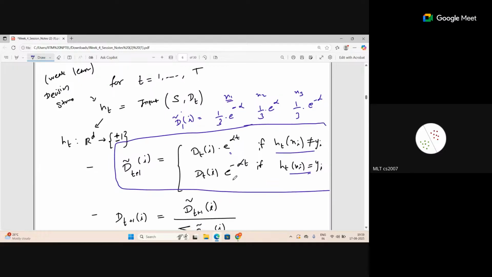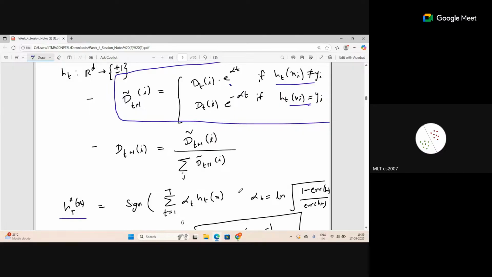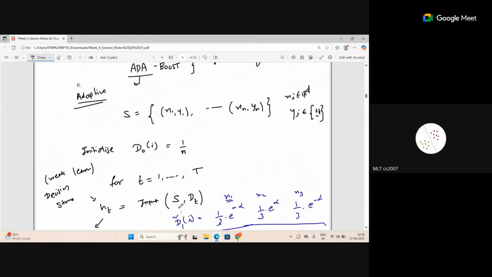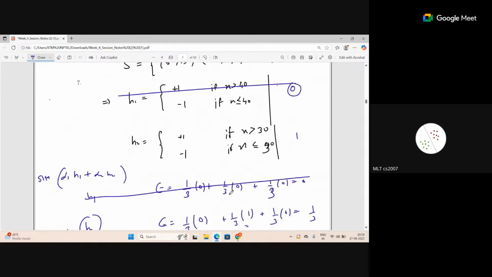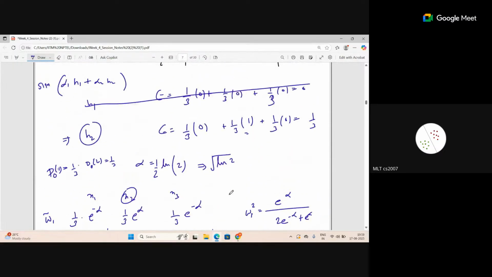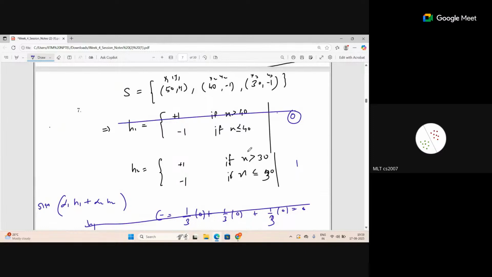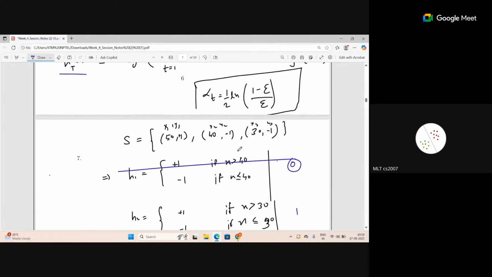And then you do it till when? Till your decision stump gives you the correct answer. So finally what will happen? In this case x1, x2, x3, it was actually doing wrongly on these, right, and doing correctly on these two data points.